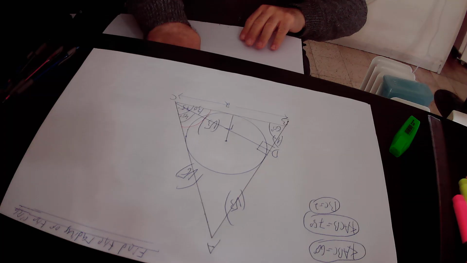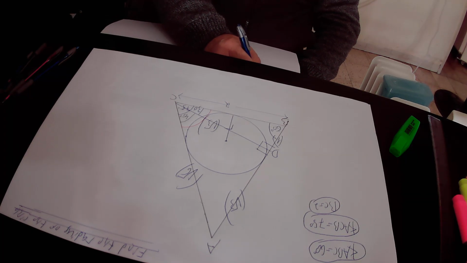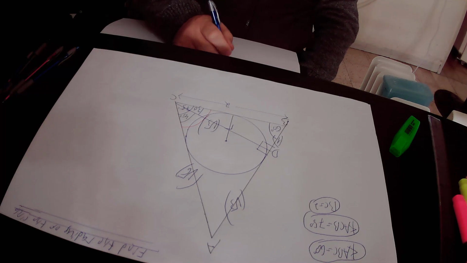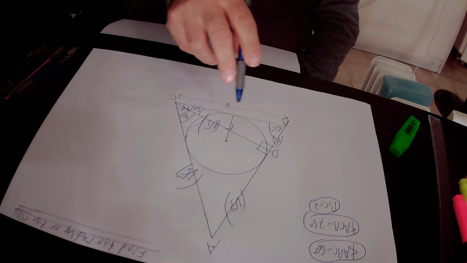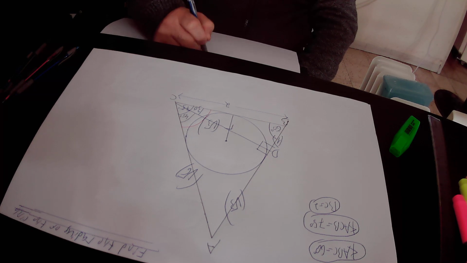So according to rule number 15, the radius R of this circle will be equal to the area of triangle ABC over the semi-perimeter of the same triangle, triangle ABC.